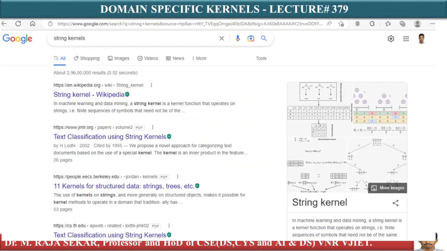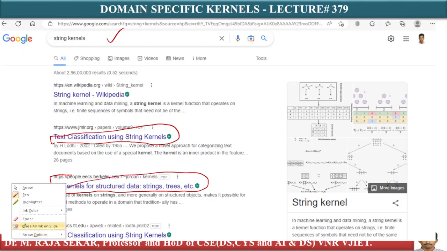If you Google search for string kernels, you will get a bunch of articles. I am typing just string kernels in Google search. What are we getting? Text classification using string kernels, isn't it? Kernels for structured data. You can see a lot of articles.